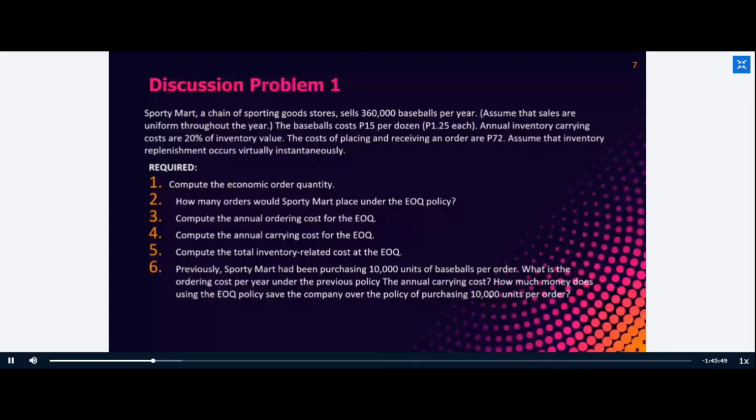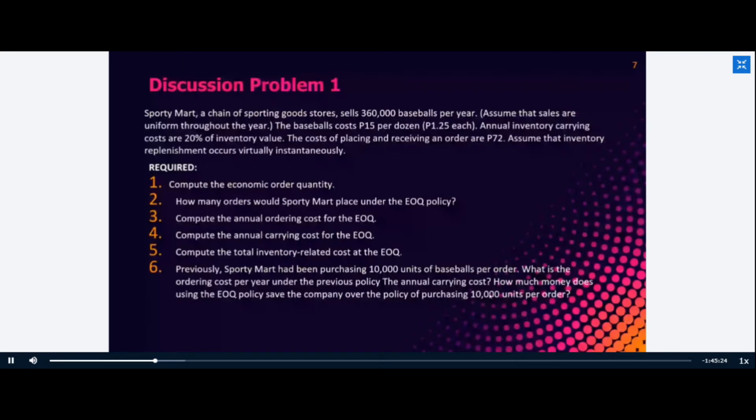Kasi naalala mo yung discussion natin sa cash management na sabi kasi doon, 'di ba? In order for us to be in ECQ, so yan na, yung ordering costs and carrying costs, we put it to minimum, pero yung minimum pala is within the equilibrium, no?